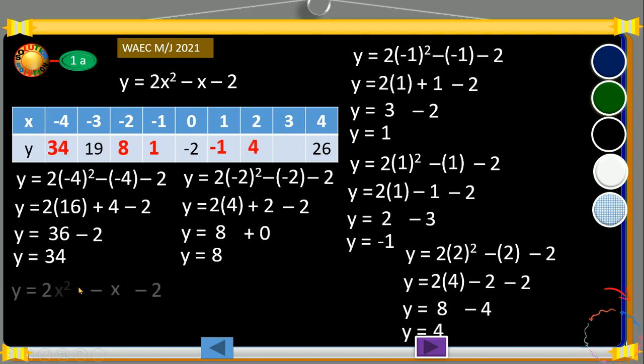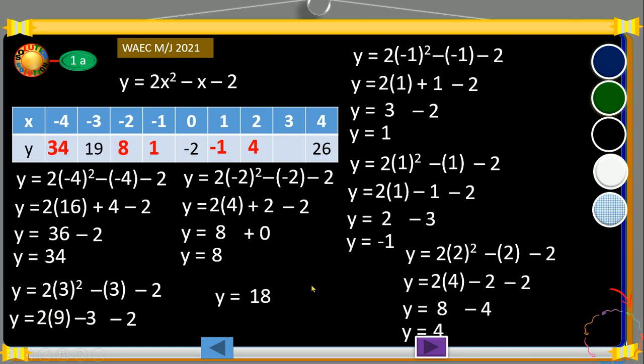And then finally, when x is equal to 3, we are going to replace this with 3, replace this with 3, and then we're going to simplify. 3 squared is 9, and then minus times 3 is minus 3. Then bring down minus 2. Then we're going to simplify. This is 18, then minus 5. So y is equal to 13.